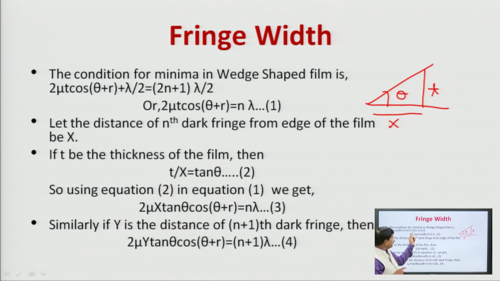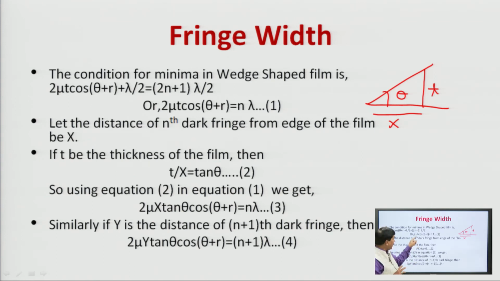For darkness, it must be equal to (2n plus 1) lambda by 2, and lambda by 2 will cancel out. The equation becomes 2 mu t cos theta plus r is equal to n lambda. Suppose this is equation 1.